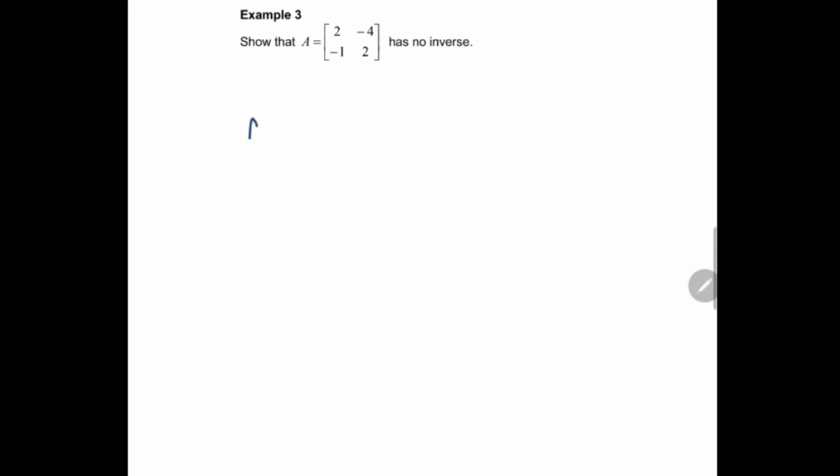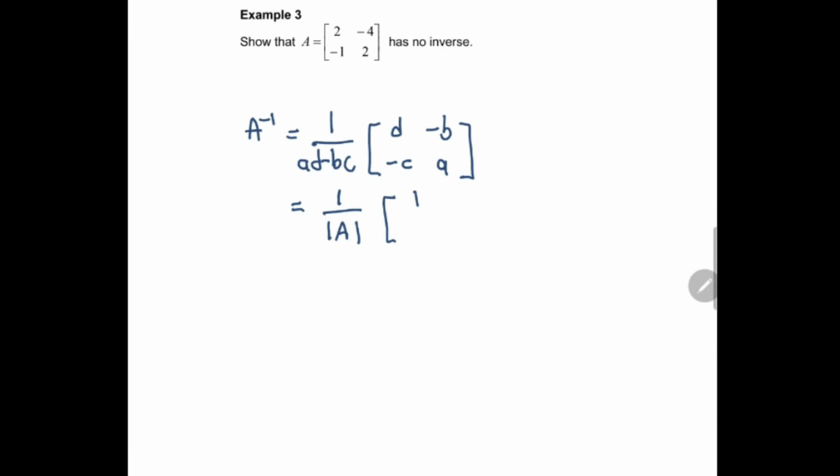As you can see, the formula for A inverse for 2 by 2 is 1 over ad minus bc times d, negative b, negative c and a.